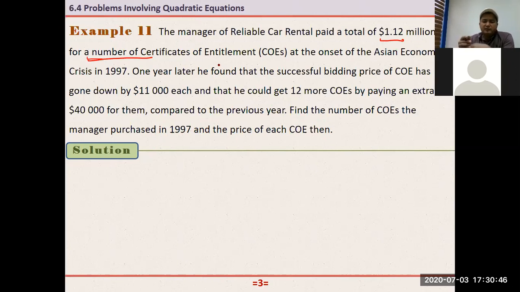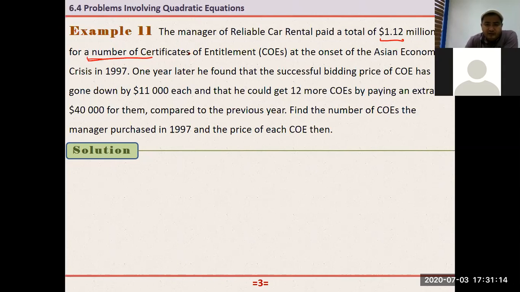That means it's some kind of registration card, okay? Maybe in different countries it's called differently. In Cambodia, we call this a registration card. In Singapore, it's a certificate of entitlement. Whatever it is, it is a kind of license that allows you to use the cars in Singapore, okay?